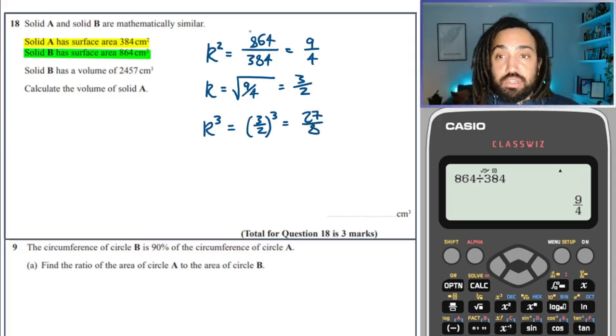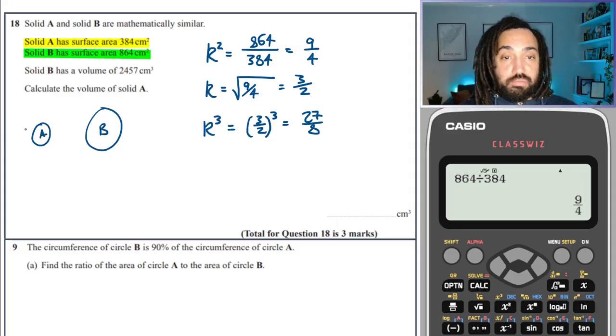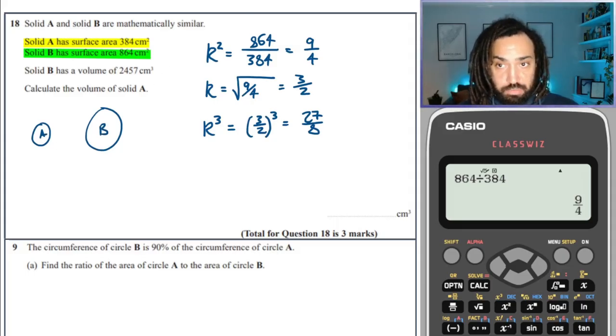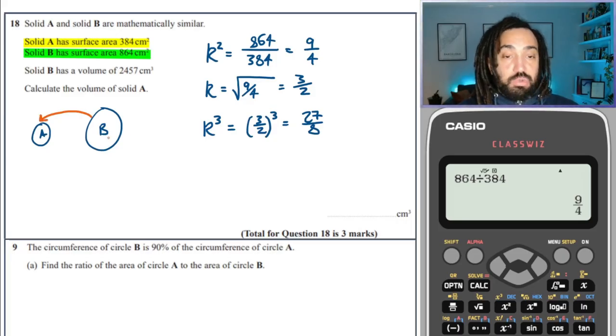Okay, so if I just do a quick diagram, this one's A, it's the smaller one, so this is B, the larger one. Now, if I want to go from volume B to A, I need to get smaller, so I need to divide by the volume scale factor.